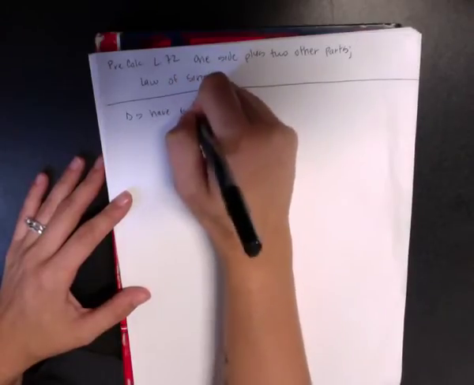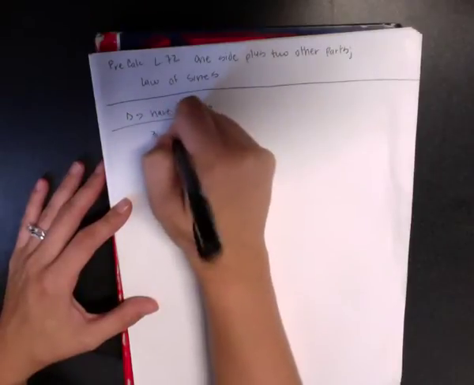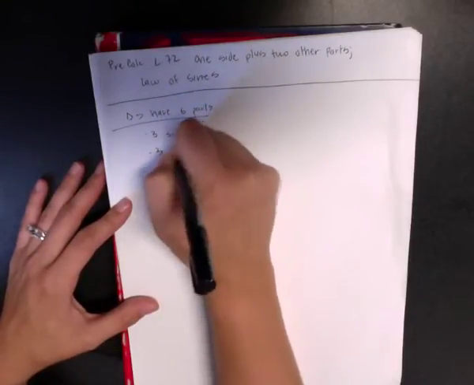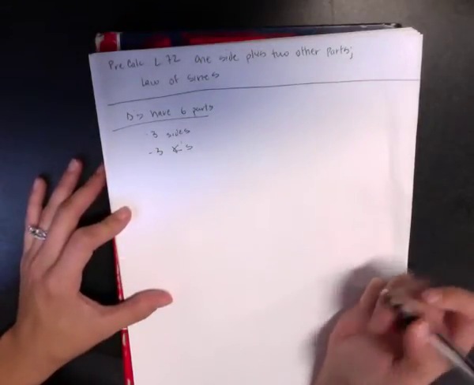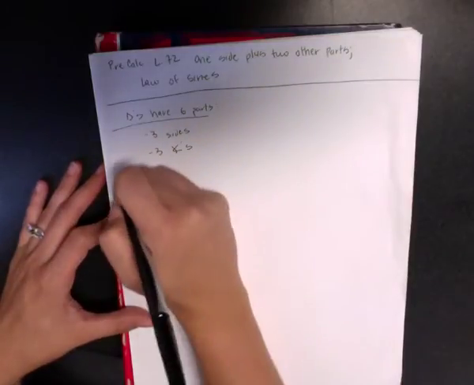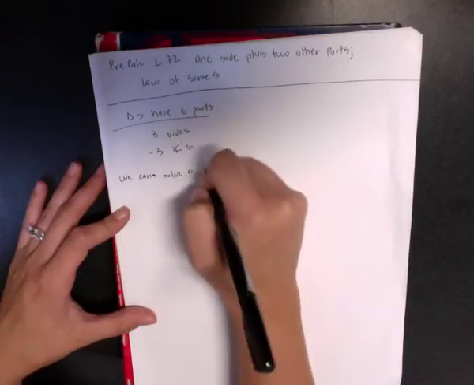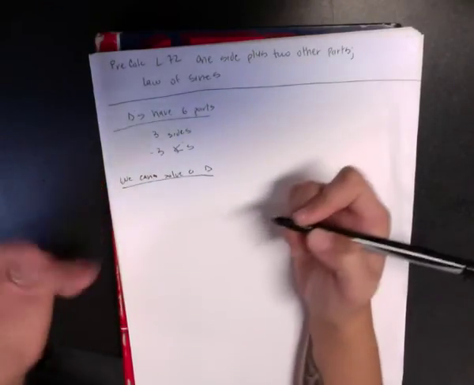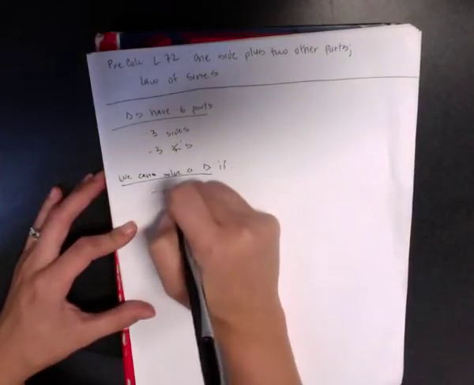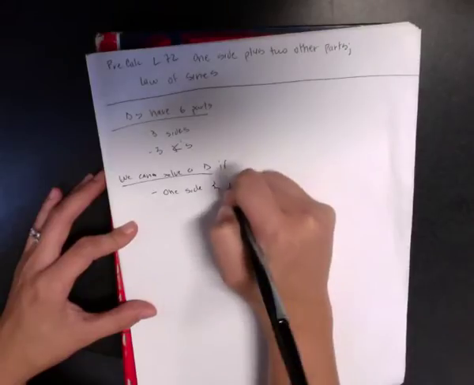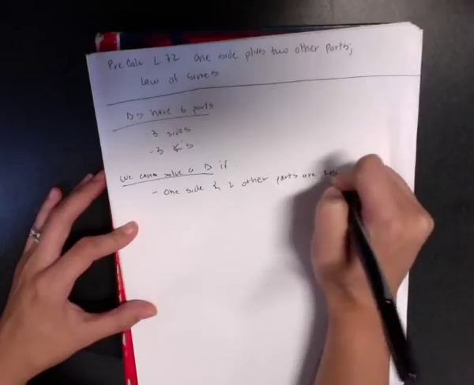Triangles have 6 distinct parts that we are going to talk about. They have 3 sides and 3 angles. This is kind of the duh statement of today. That's something we already know. The cool thing with that, though, is we can solve a triangle if one side and 2 other parts are known.